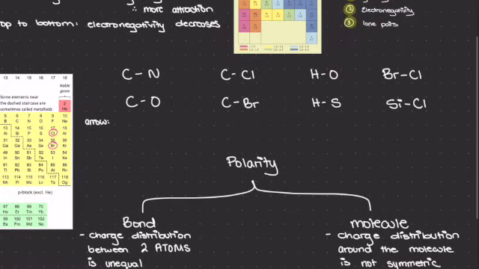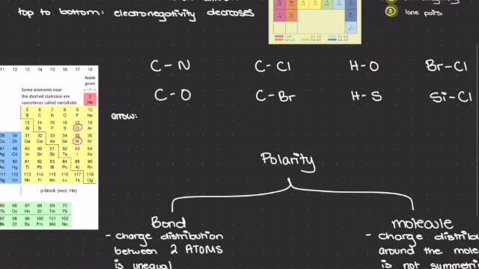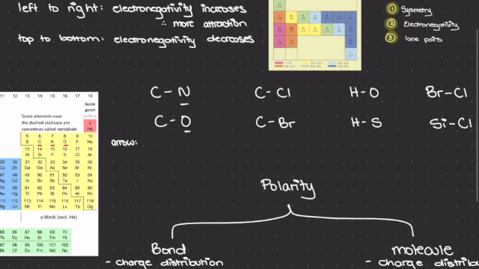Now, let's take these for example. How do we apply the rules? Let's look at N and O compared to the carbon. Here we have our carbon, and here we have N and O. Logically speaking, we can't use the top to bottom rule because N and O are not in the same group, and they're not in the same group as the carbon either.